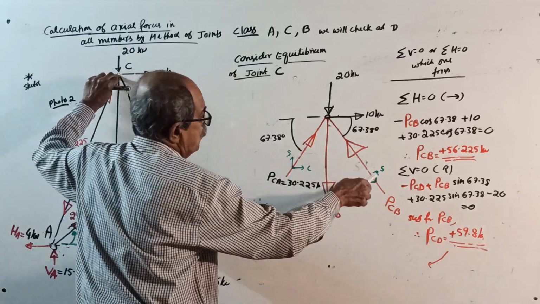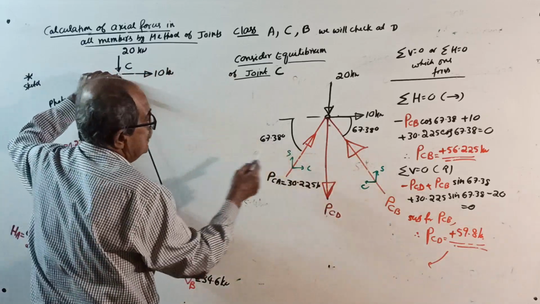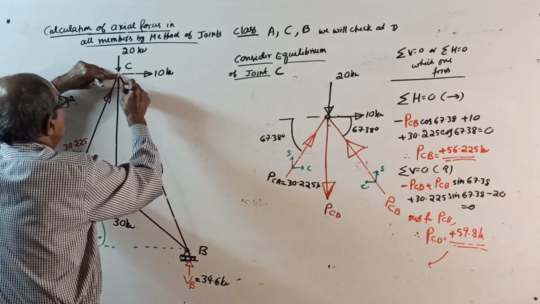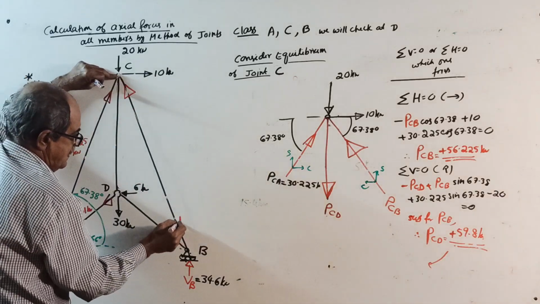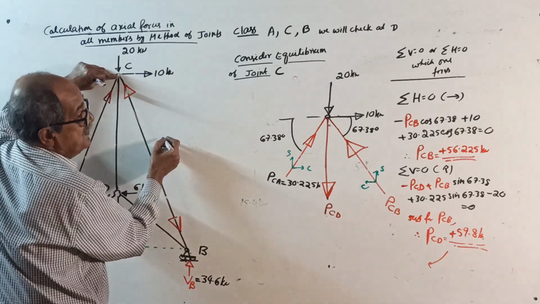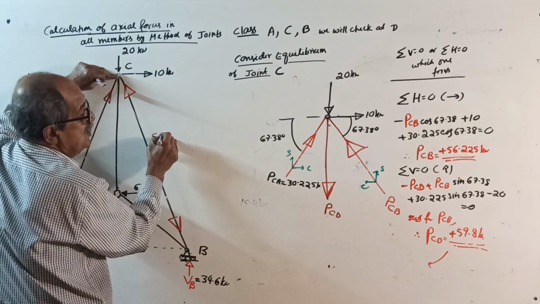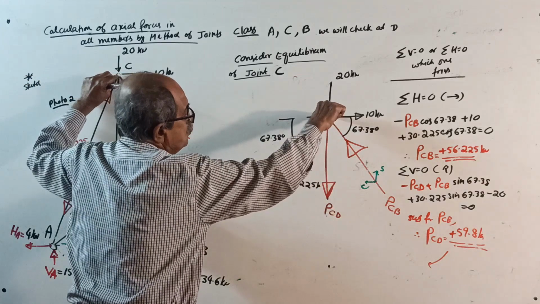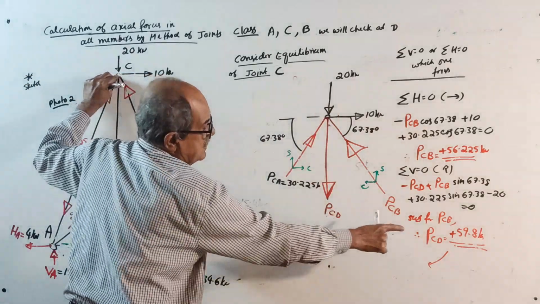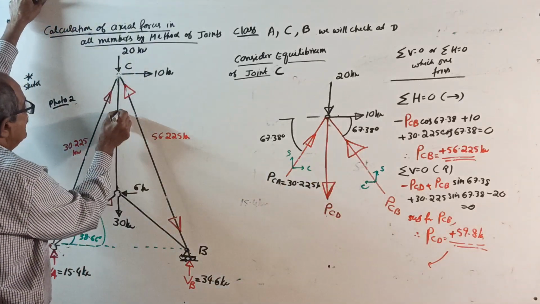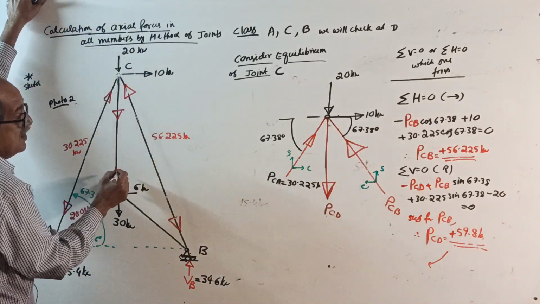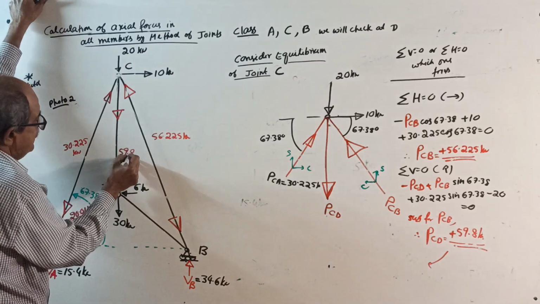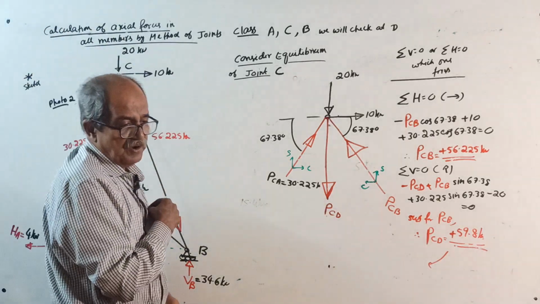Joint C. Force in CB, this member you took coming to the joint, plus came, correct. So opposite here immediately: PCB, 56.225 kilonewton. Force in CD you took going away from the joint, but positive came, correct. Opposite here, how much answer? 59.8 kilonewton.